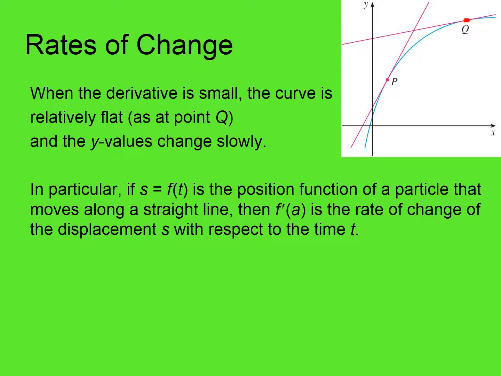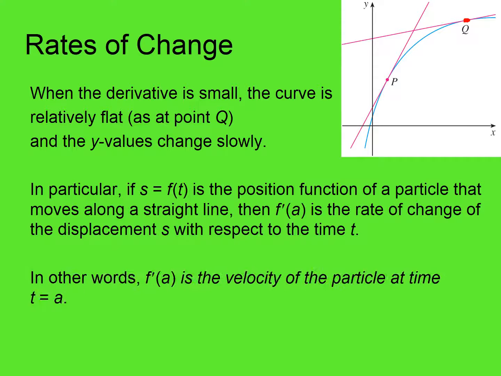In other words, f prime of a is the velocity of the particle at time t equals a. Okay, so we've got f of t, position function, and then we've got f prime, which is the velocity.